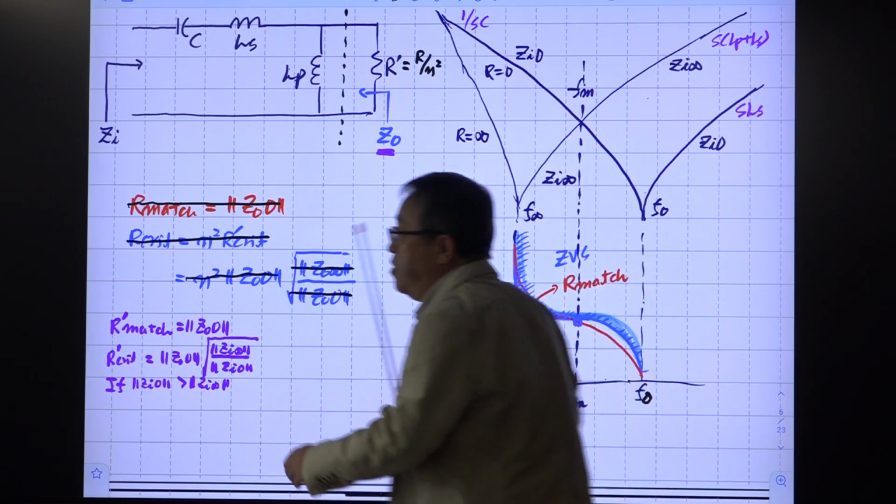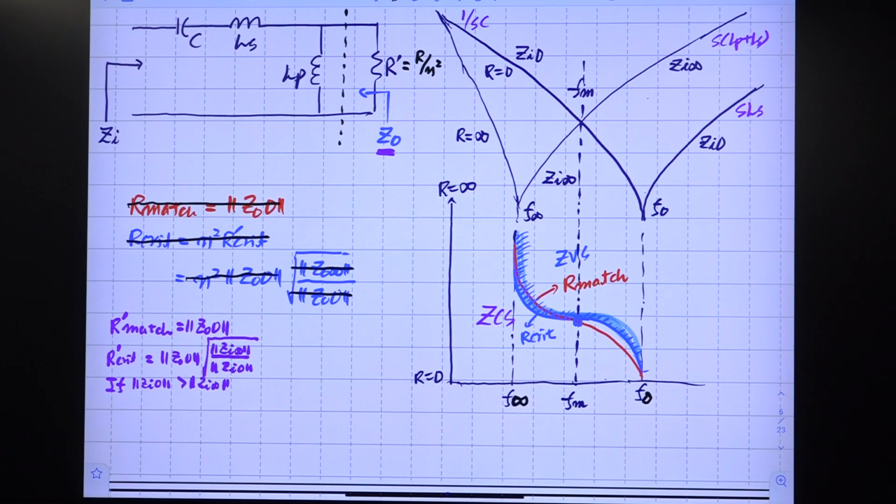So in this region, because R match is this one, and R critical is this one, if this ratio inside the square root is larger than 1, something is bigger than that. If smaller than 1, the other thing is bigger than something. So with this, we have this conclusion.